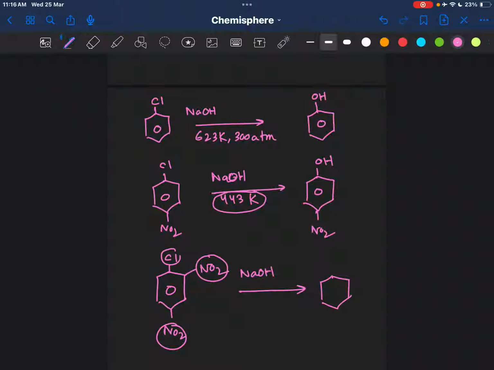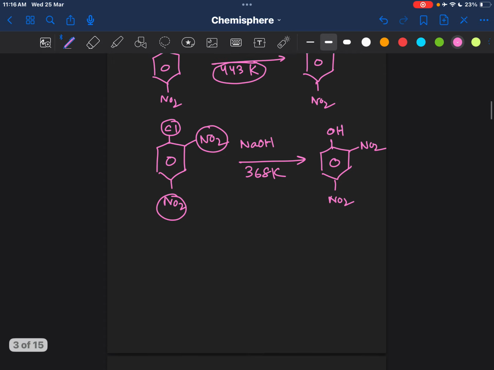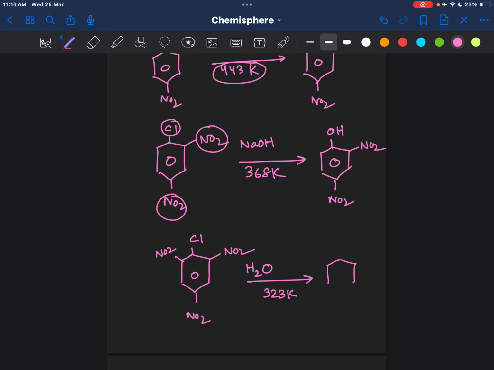So obviously Cl will be replaced by OH, NO2 and NO2. So now the conditions required are 368 Kelvin, and ultimately if we have a benzene ring with Cl and NO2 in all the ortho and para positions, no need of even NaOH, just water at temperature 323 Kelvin. So the substitution is going to happen. Cl will be replaced by OH, NO2, NO2 and NO2, right?